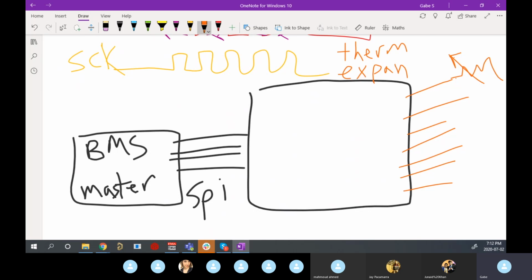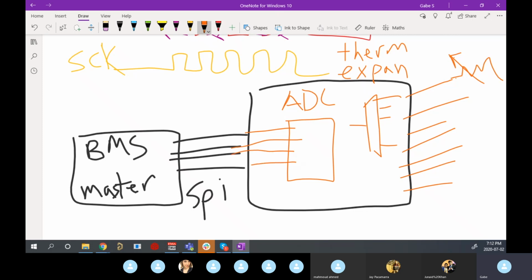All of these go through some multiplexers, so like 8 signals come in and only 1 comes out. A bunch of them then go to an ADC. It samples all of these analog voltages from the changing resistance and then sends them over digital over SPI.